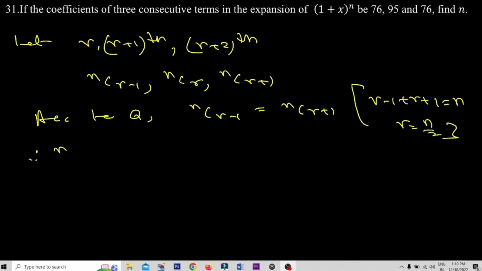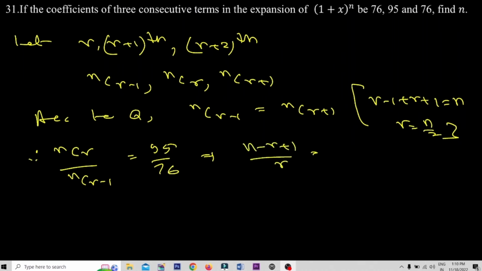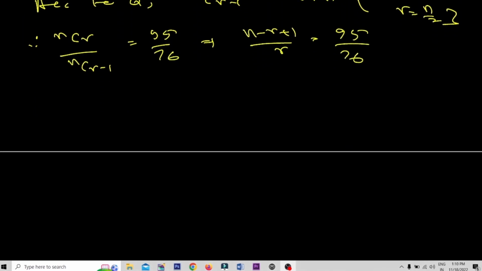Now nCr by nC(r minus 1) equal to 95 by 76. So nCr by nC(r minus 1), that formula, is (n minus r plus 1) by r. Therefore (n minus r plus 1) by r equal to 95 by 76. Instead of r, we can put the value n by 2.